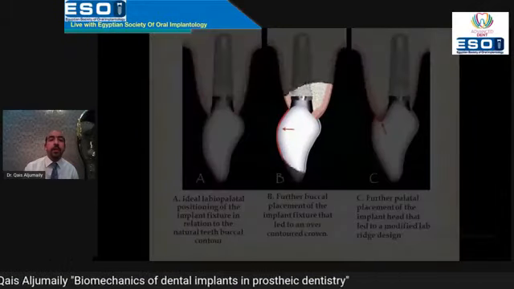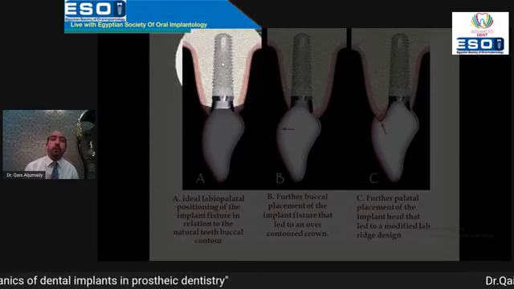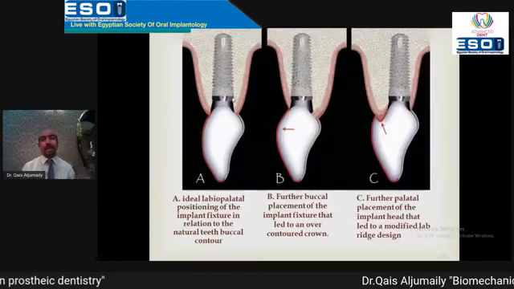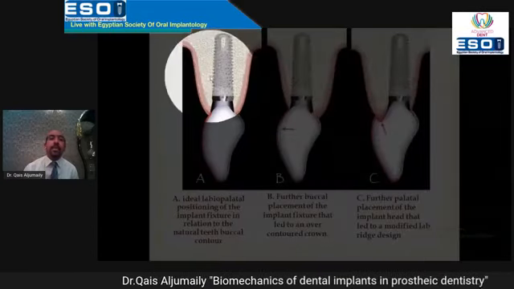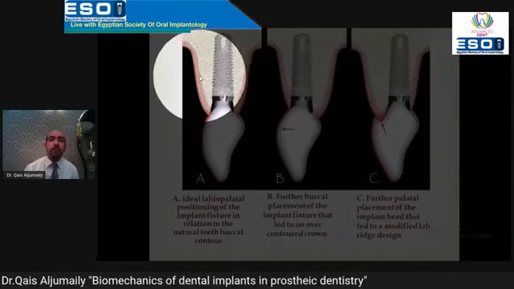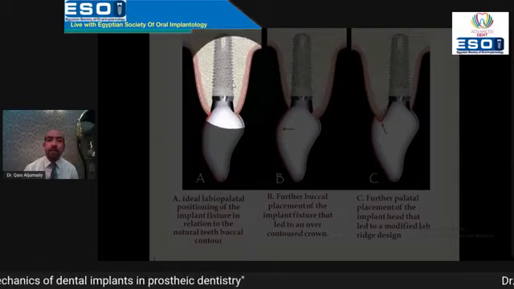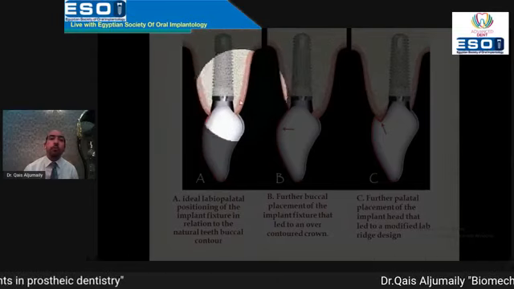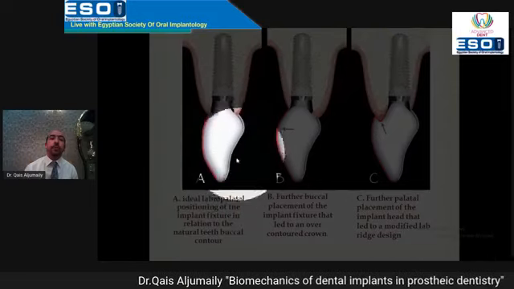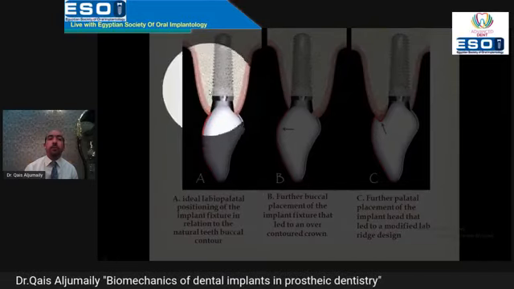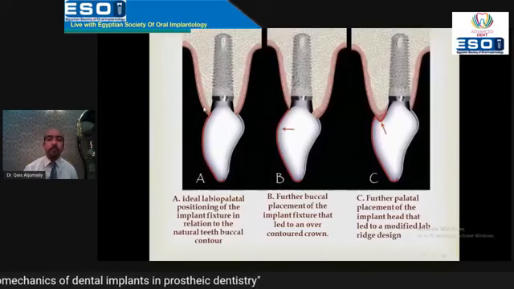Again, if we put our fixture in the center, exactly where the root is, or slightly palatal or lingual to it, I will get enough bone buccally, enough bone lingually and palatally, good crestal bone, good soft tissue relation, and then the border of my prosthesis and the emergence profile will be excellent.